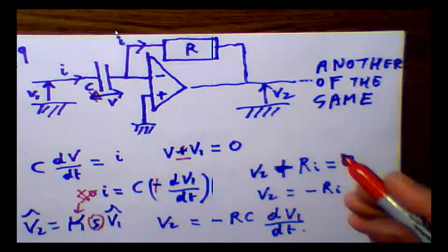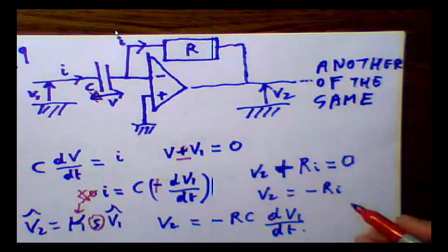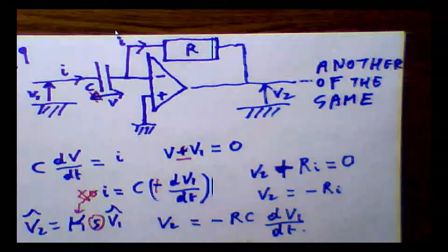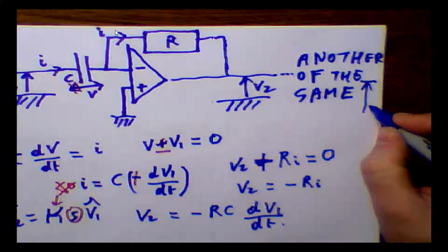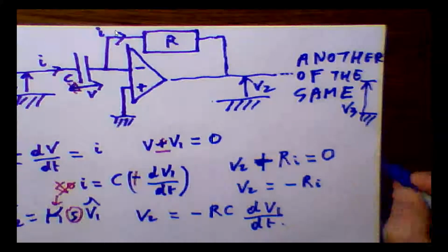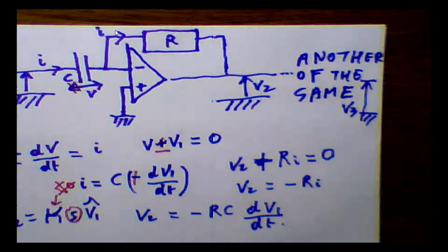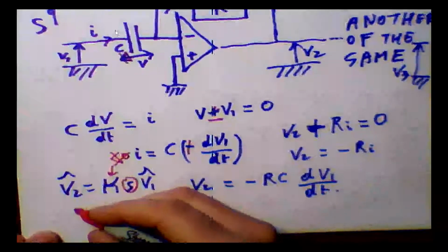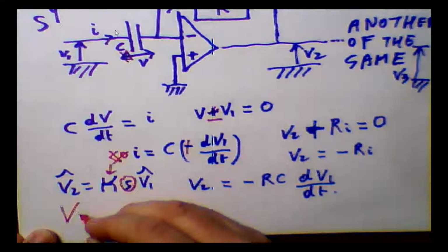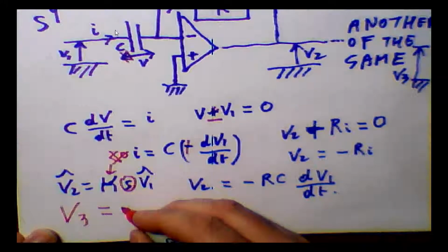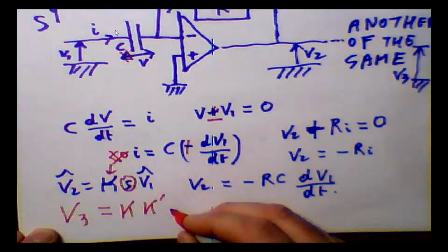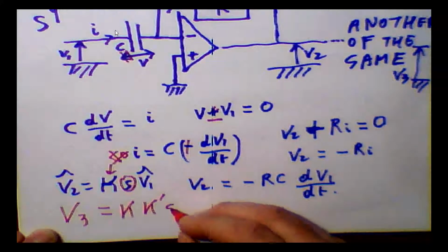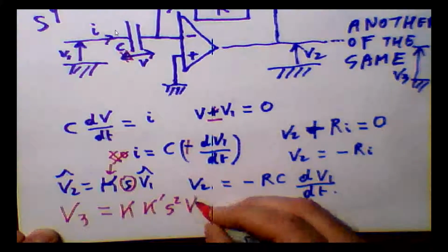Then, instead of getting the output equal to K s times the input, we will obtain, calling it V3, again connected with the ground, that V3 is equal to K times K prime, the gain of the same circuitry but maybe adjusted with other resistors, times s squared V1.